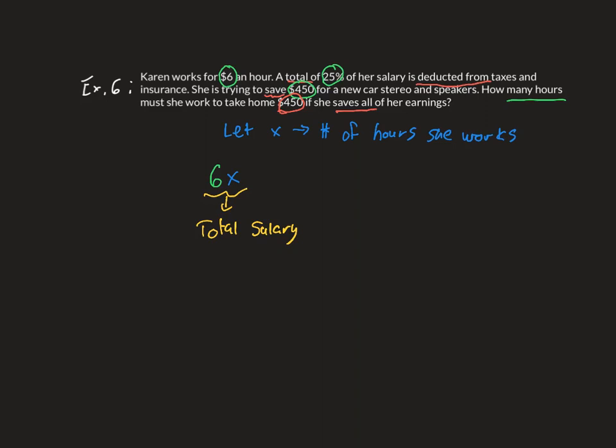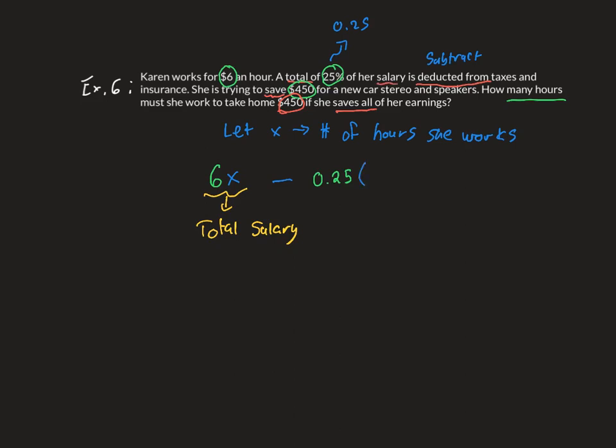Okay. I also know that 25% of her salary is deducted for the taxes. So I also have to take away, so deducted, that means subtract. 25% is just another way of saying 0.25, because remember, we can't just write down 25, we're taking 25% of it. So 25% of her salary.